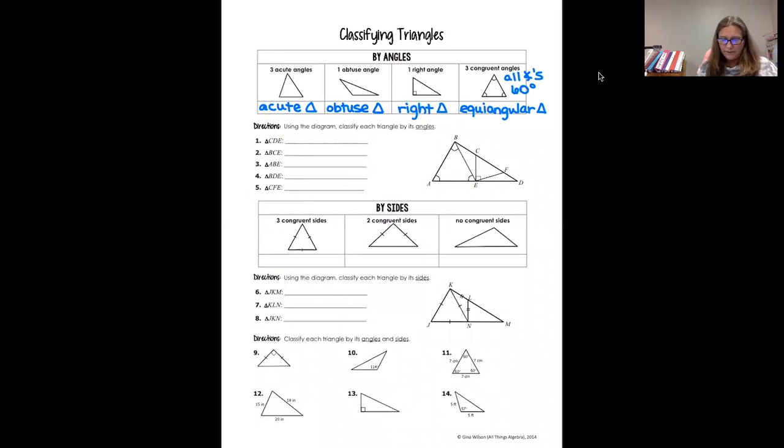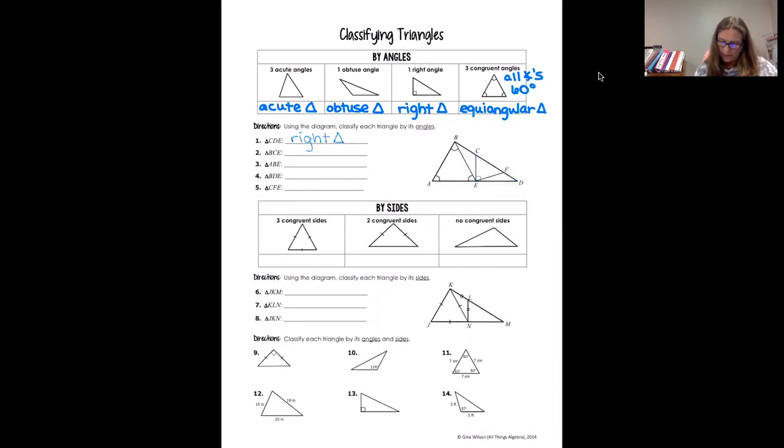So looking at the diagram here, triangle CDE. So triangle CDE, I hope we can all tell, is a right triangle, because it has one right angle.